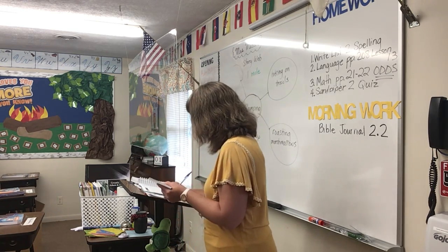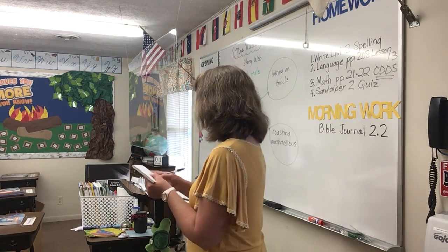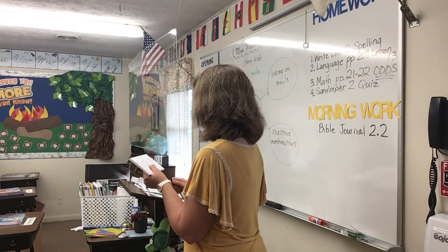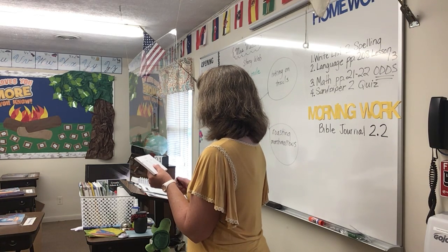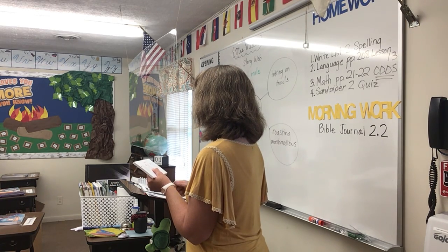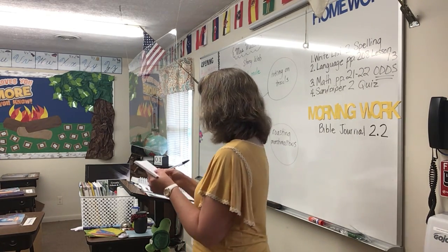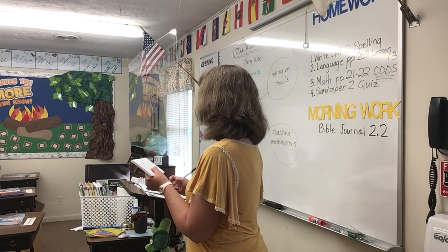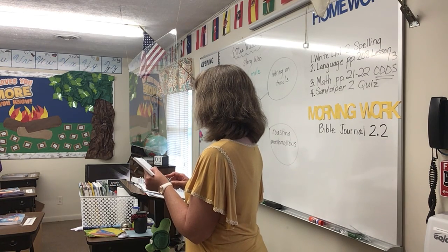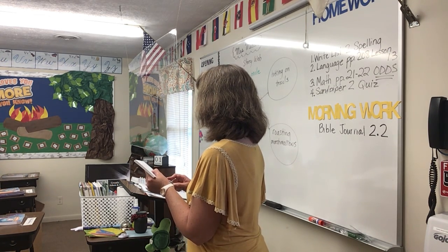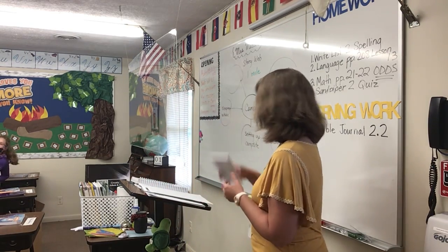Okay. 2 times 12 plus 4 plus 1 equals? 27. Last one. 5 minus 2 times 2 plus 5 equals? 11. Very good. So, you can have a seat.